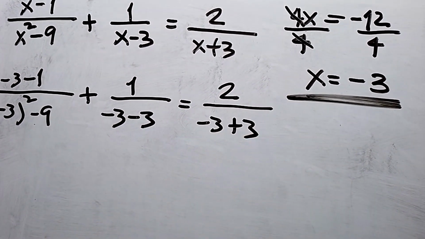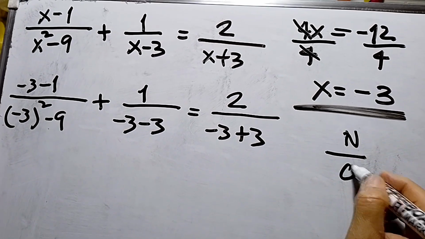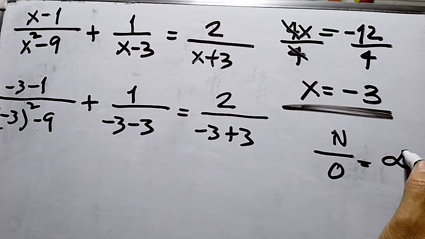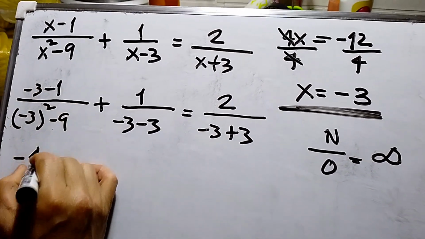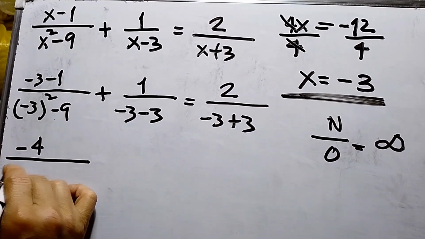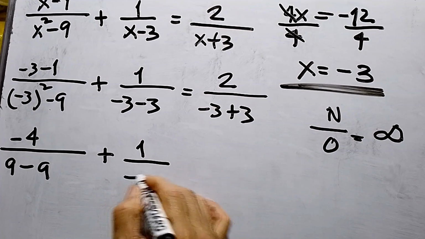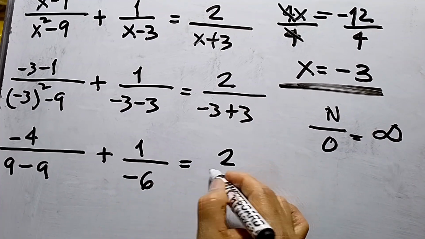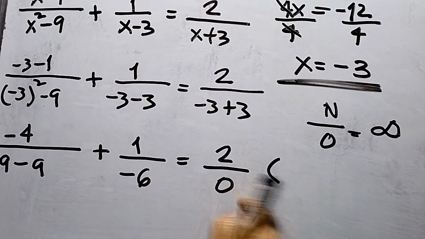So take note, 1 over 0 or any number over 0 is undefined. So this will be minus 4, and then this is 9 minus 9, plus 1 over negative 6 is equal to 2 over 0. So take note, I have here this fraction is undefined.